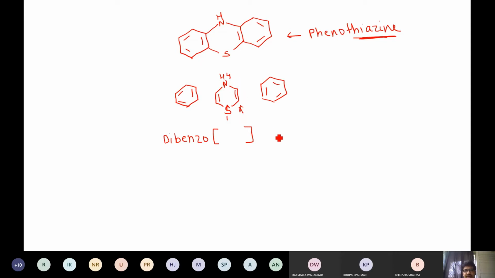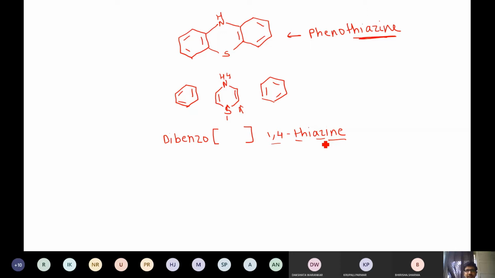Right? So this is 1, 4 thiazine. That is your basic ring. I hope all of you are understanding. INE indicates 6-membered ring. Thia-aza indicates presence of sulfur and nitrogen, and they are present as 1, 4. So this is 1, 4 thiazine.